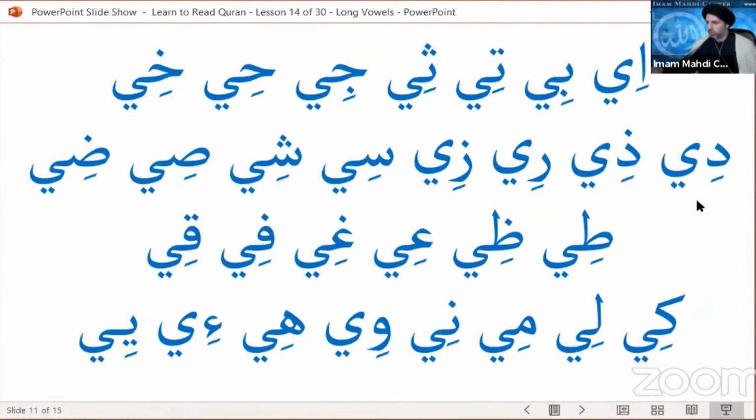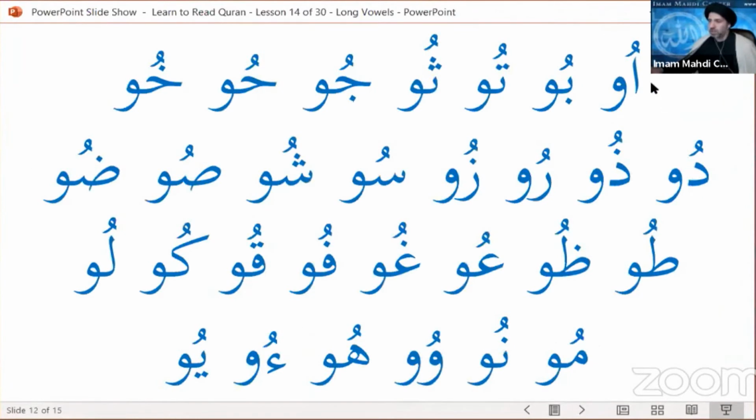And now we have one more vowel to go over, and that is the combination of the dhamma and the waw. So let's read these now. One by one, we'll read them all with the oo long vowel sound.